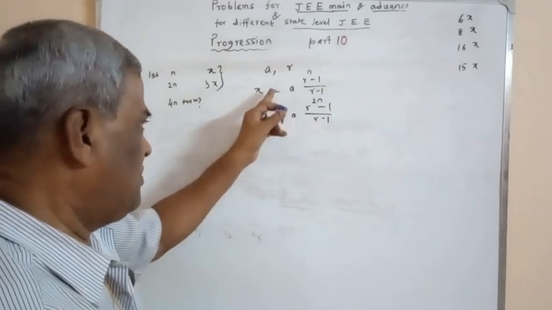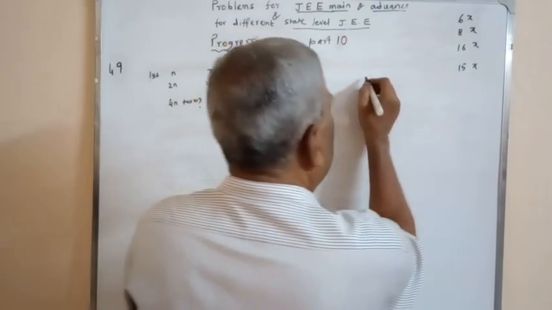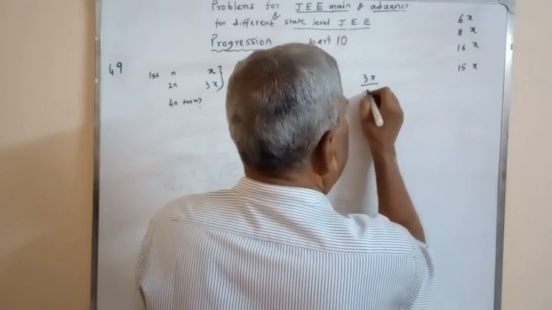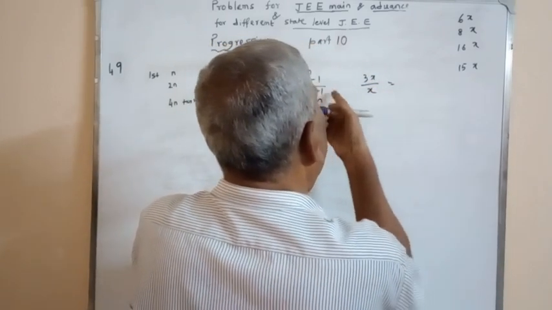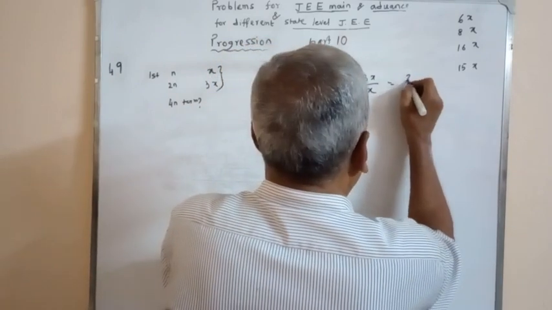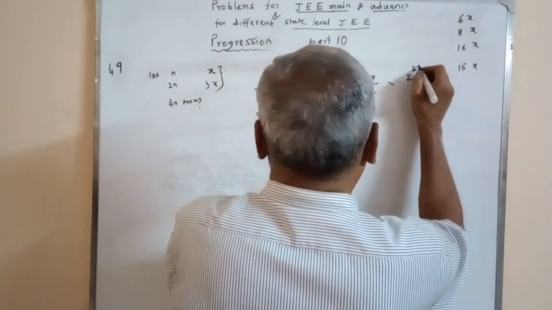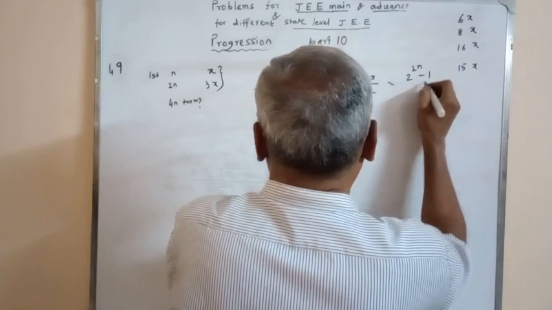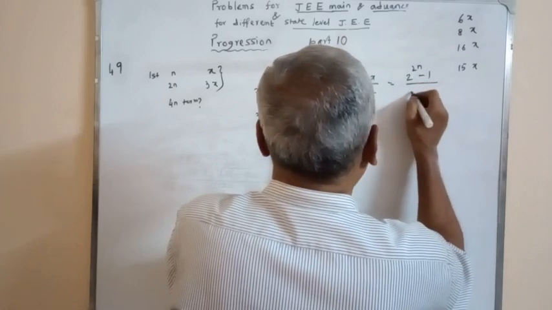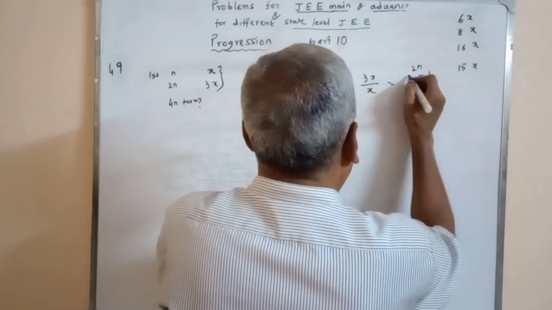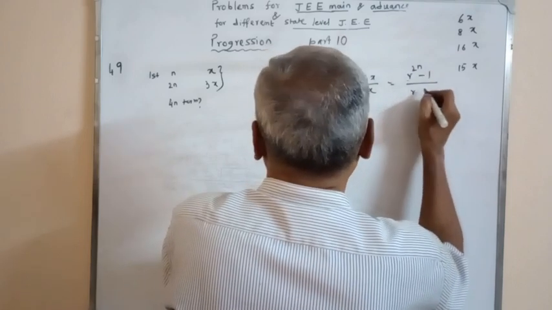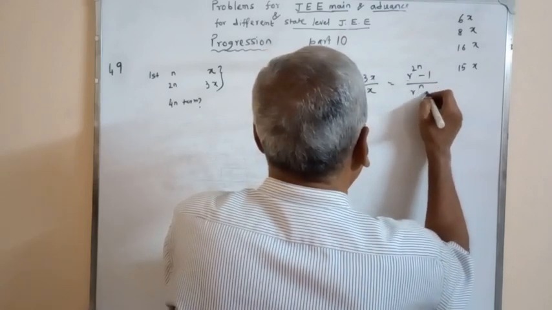Dividing this by that, 3x by x, A will be cancelled, R minus 1 will be cancelled, and we get R to the power 2n minus 1 by R to the power n minus 1.